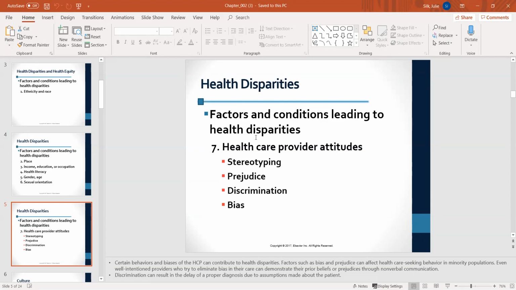Even well-intentioned providers who try to eliminate bias in their care can demonstrate their prior beliefs or prejudices through how they communicate non-verbally. Discrimination can result in the delay of proper diagnosis due to assumptions made about a patient. A lot of times we assume certain things, and we can cause a big problem by doing that.